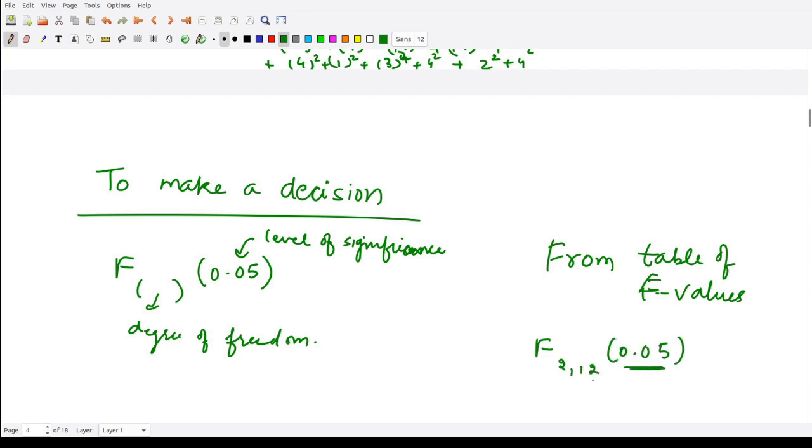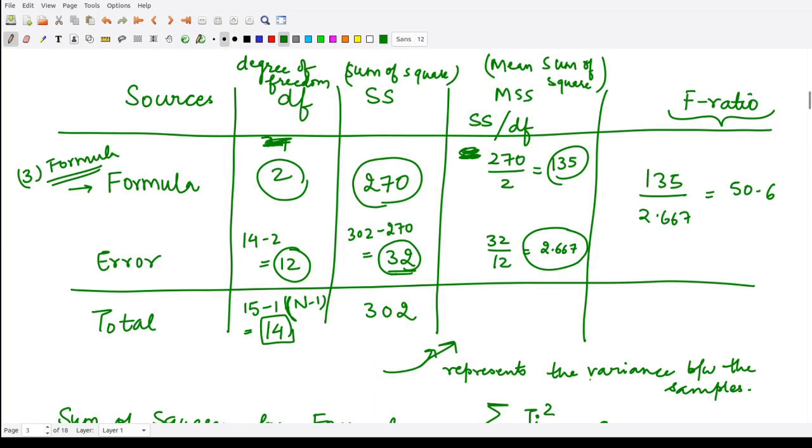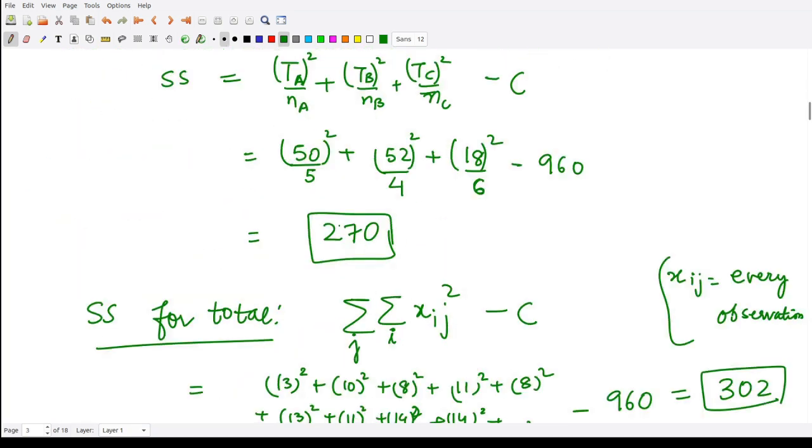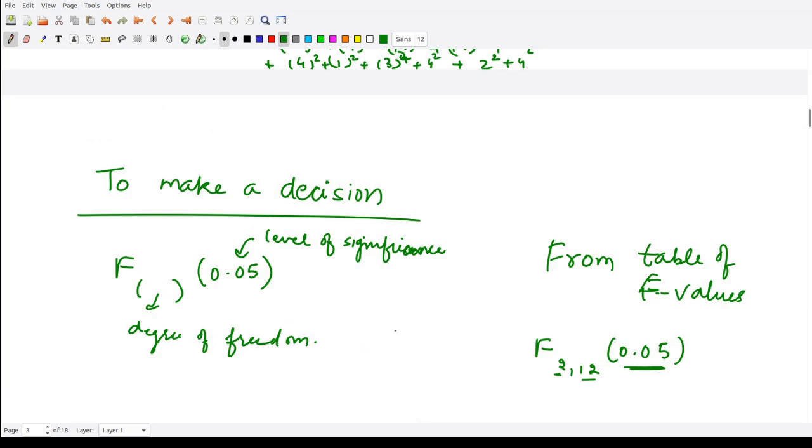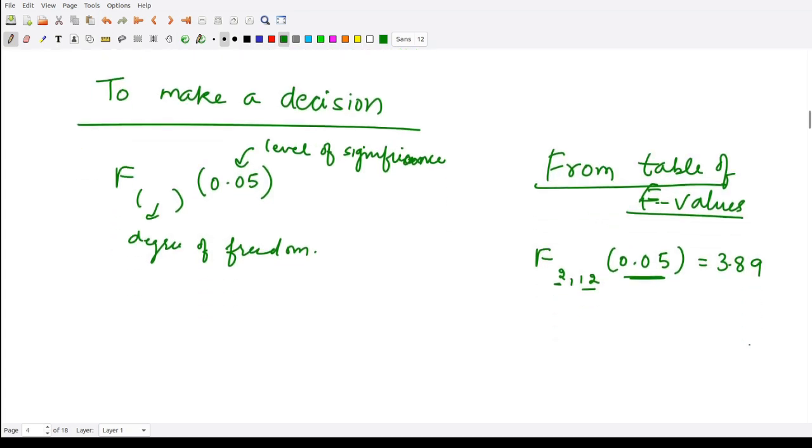Now this is the level of significance, and here we have degrees of freedom. If you look at your table, your degree of freedom for formulas is 2 and for error it is 12. So you will look at the degrees of freedom F2, 12 at 0.05 level of significance. From the table, this value comes out to be equal to 3.89. And this value is directly given to you in the exam, right? So here the value that we obtained is equal to 3.89.